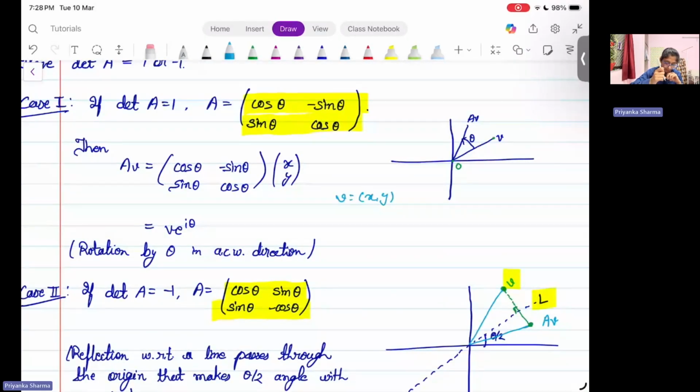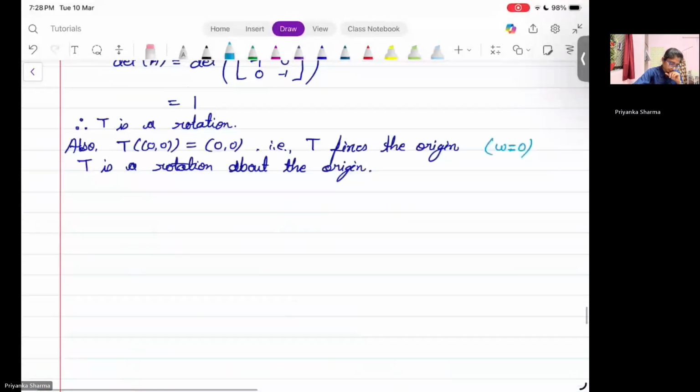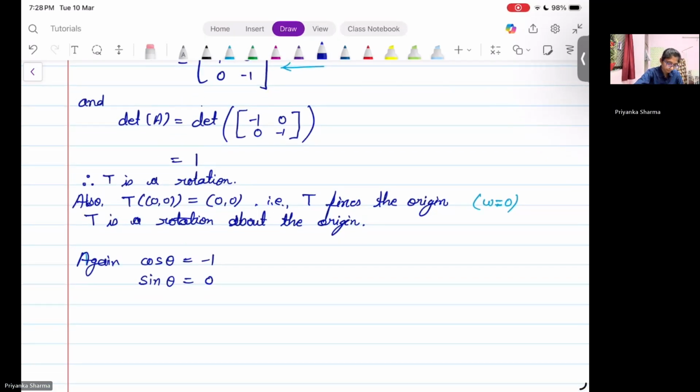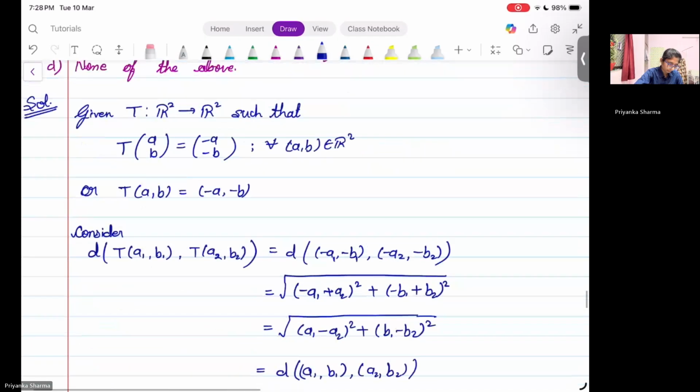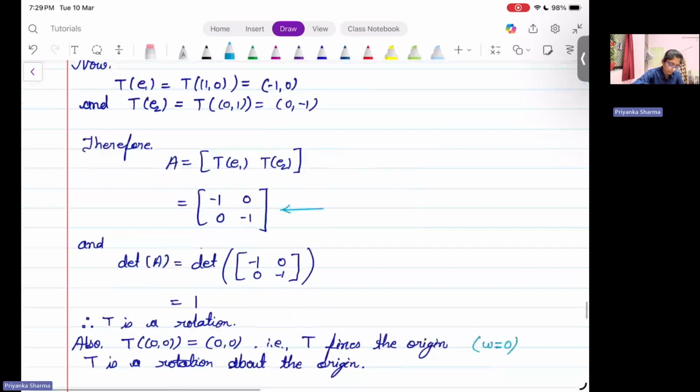If we compare our matrix with the standard form, what we get is cos theta is minus 1 and sine theta is 0. So this will be the correct option. That is, we have a rotation about the origin through angle pi.